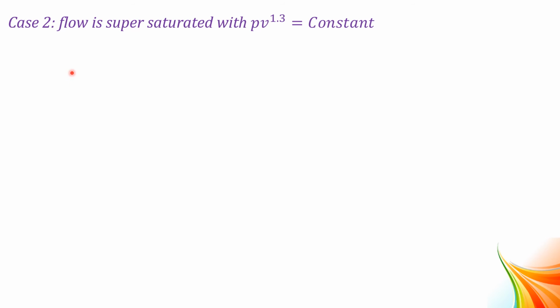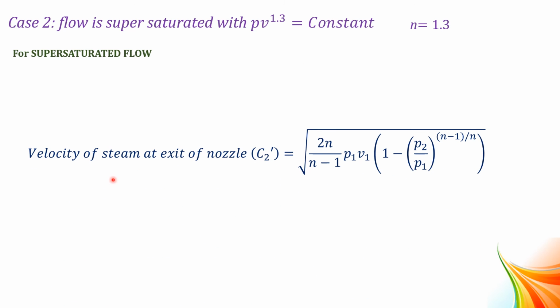Case 2, if the flow is supersaturated or metastable with PV to the power 1.3 equal to constant, then the value of N equals 1.3. The formula for calculating the velocity of steam at the exit of the nozzle equals square root of 2N by (N minus 1) into P1 V1 into (1 minus (P2 by P1) the whole power (N minus 1) by N).